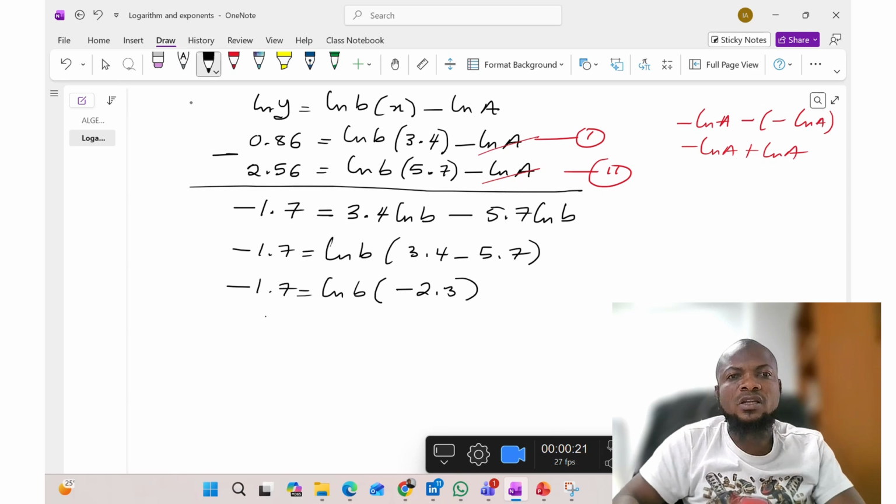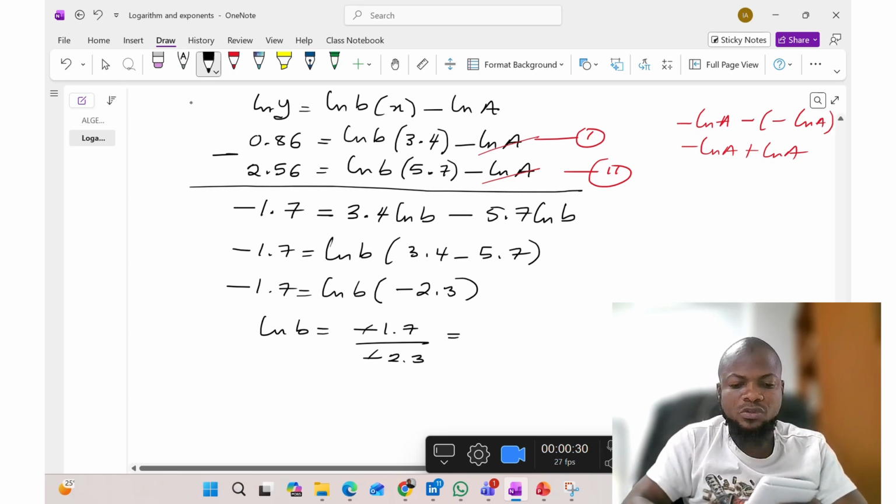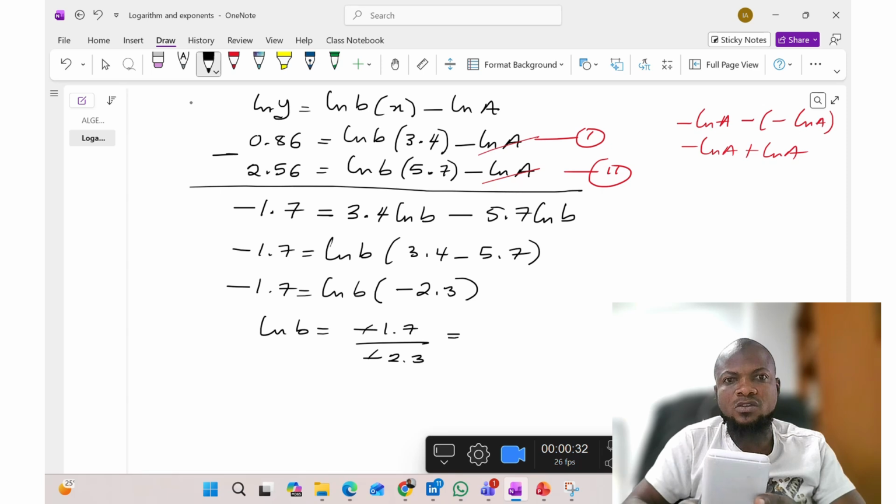So ln b is equal to minus 1.7 over minus 2.3. Then that should be 1.7 divided by 2.3. So the answer is 17 over 23.